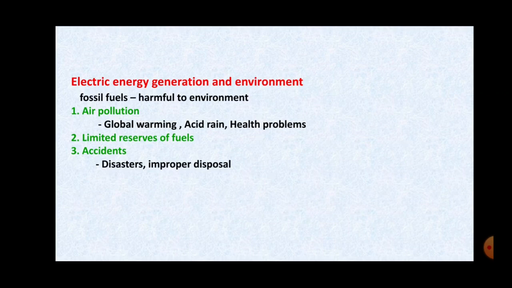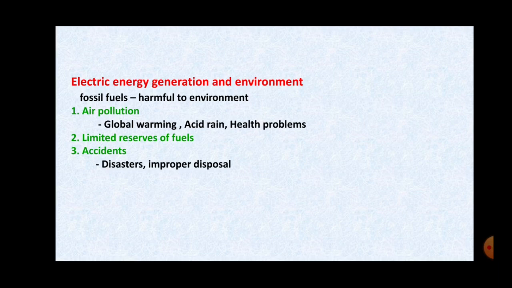Whether it is the nuclear energy based power plant where the radioactive or nuclear fission takes place, and we know that radioactive elements are the worst pollutants, because they affect the chromosome, they affect the genetic material, right? And even in the third power plant where natural gas is used, some or the other harmful gases are emitted from the power plant. So these are the drawbacks of electric energy generation.